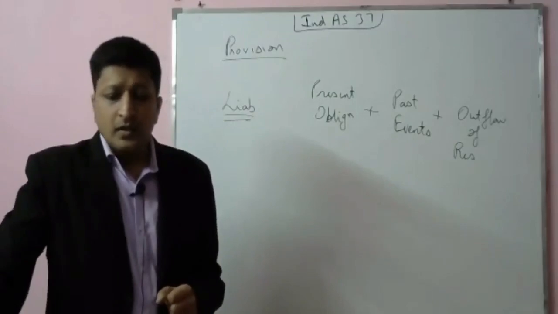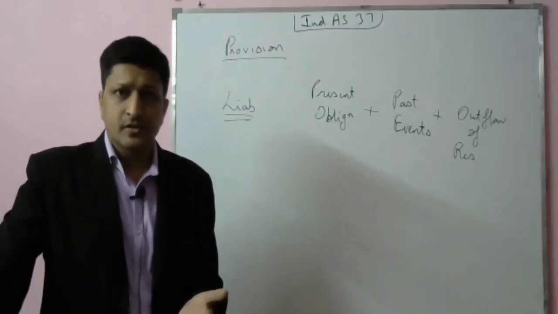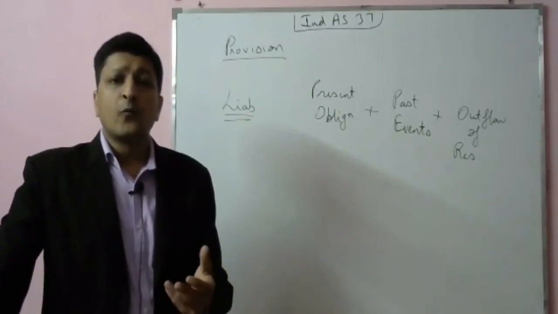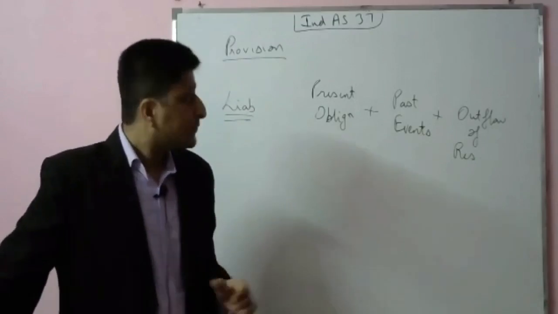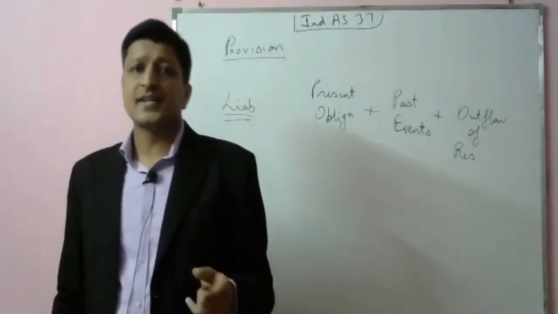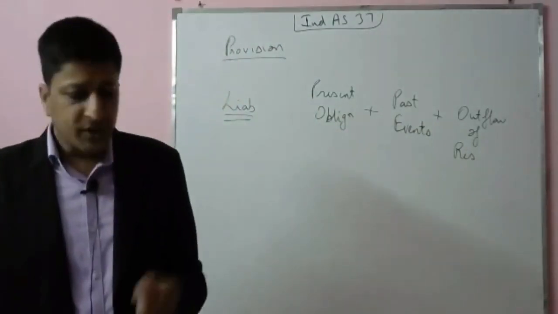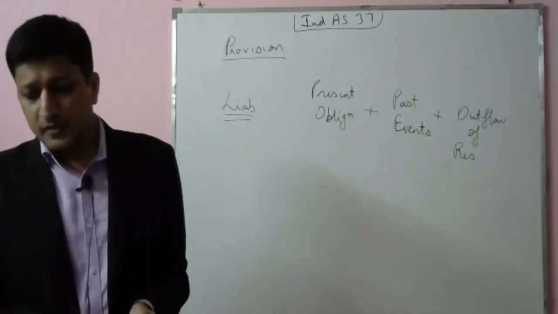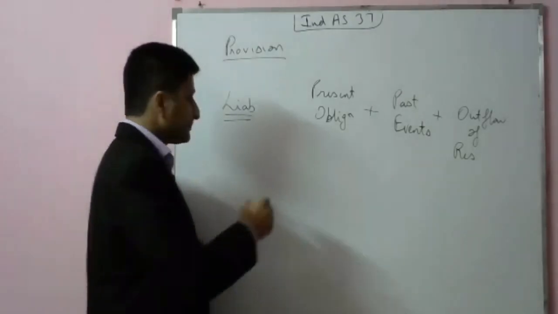Now let's try to understand what are those obligations, or what could be the types of obligations because of which this outflow will happen, or because of which we can say the outflow cannot be avoided. So there are two types of obligations which have been discussed under this standard.